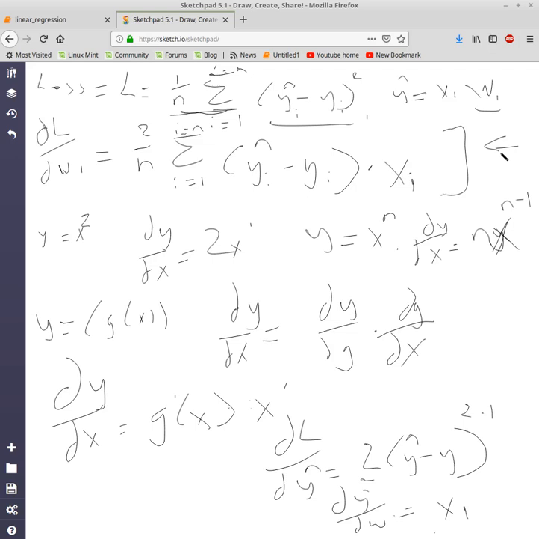So we can solve this equation with w1 equals 0 and dl/dw where w1 equals 0. Let's rewrite this. Let's start a new page.